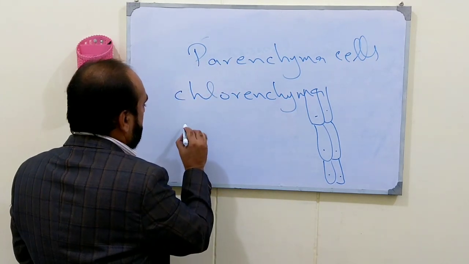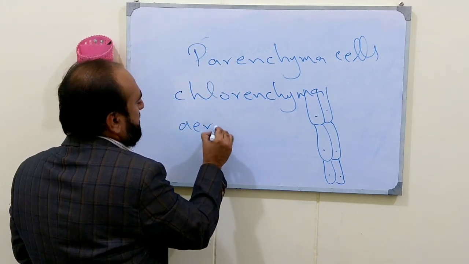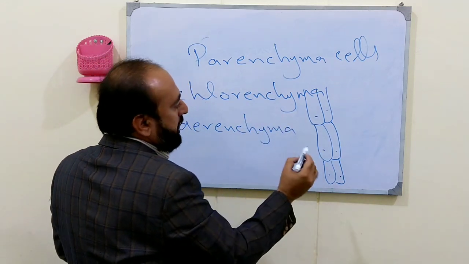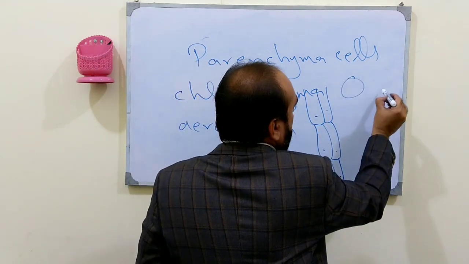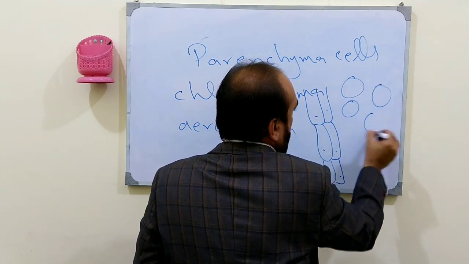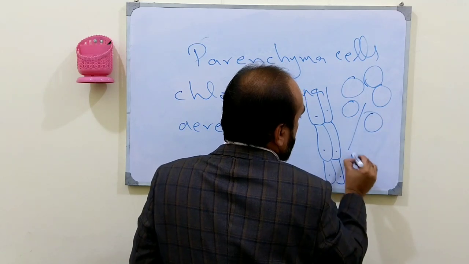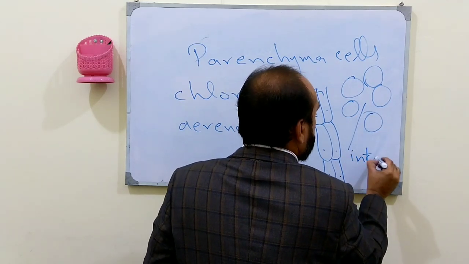Another type of parenchyma cells is aerenchyma cells, which have large intercellular spaces.